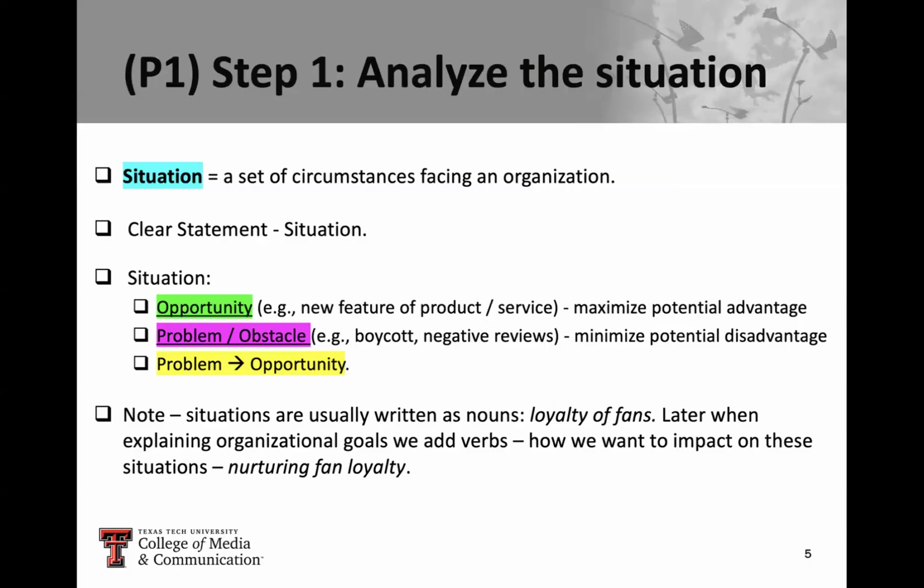So you'll see things like loyalty of fans, or low awareness of fans. And then when you explain the organizational goals, it gets more action oriented, so it's more like a verb, right? Like nurturing fan loyalty, increasing awareness of publics, or whatever it is, right?